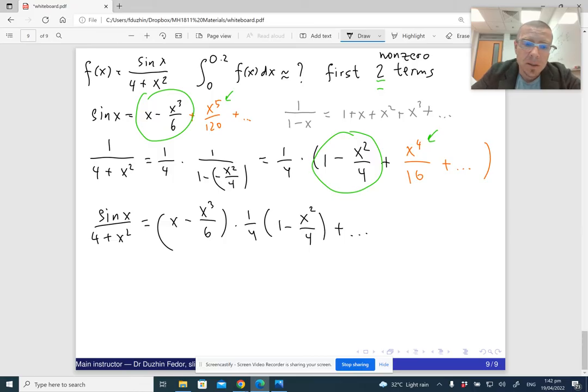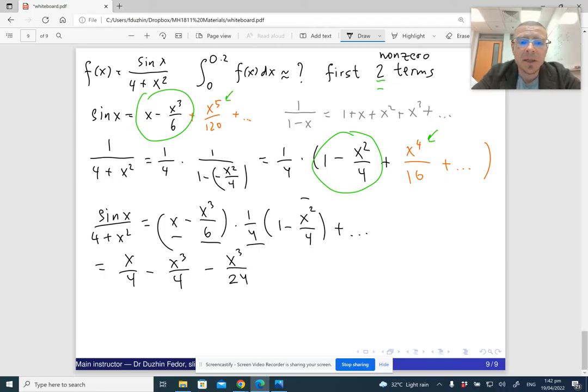Okay, and this is really, with the 1/4, x over 4 minus x times x squared, which is minus x cubed over 4, and there's going to be another x cubed over 4, so minus x cubed over 24.